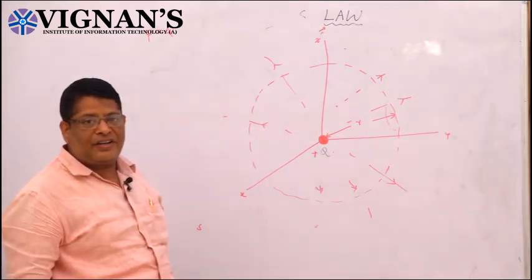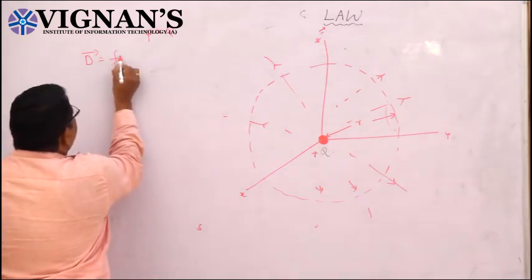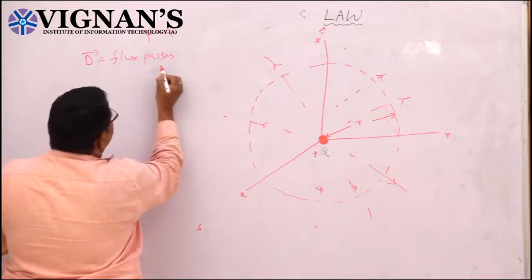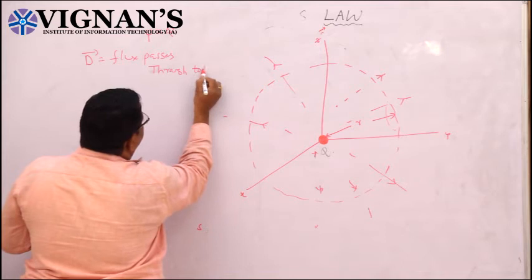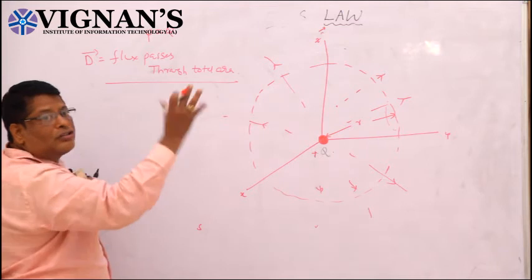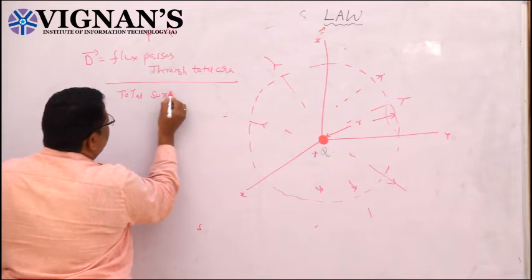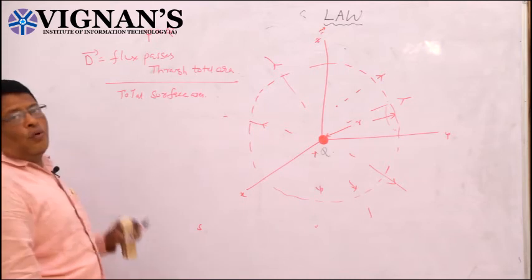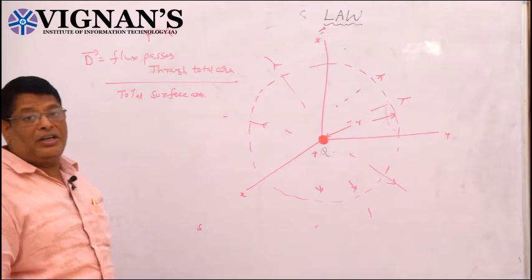See here, D bar equals the flux passing through the total area divided by the total surface area. One more thing here: it is a vector quantity. It is not a scalar quantity.